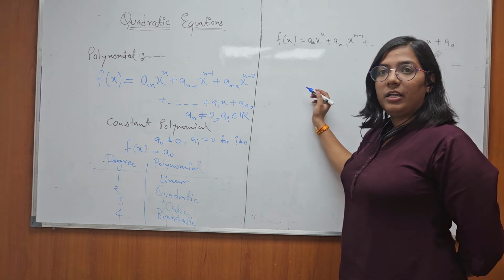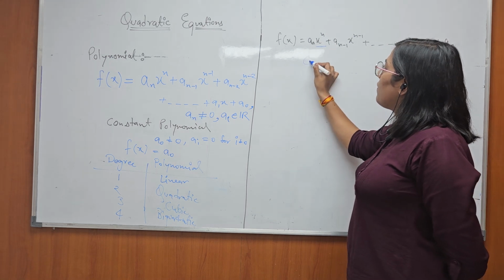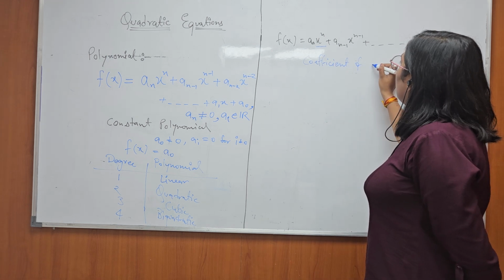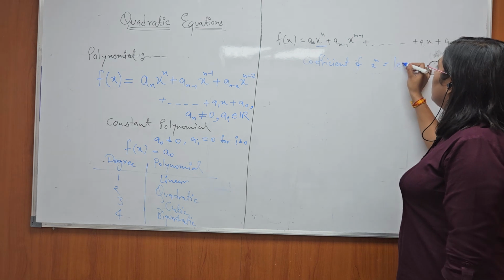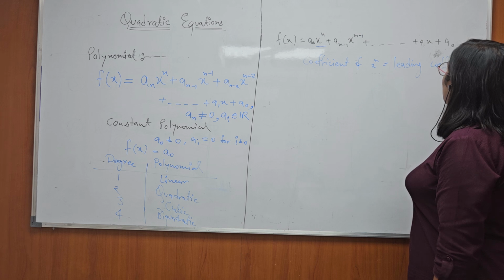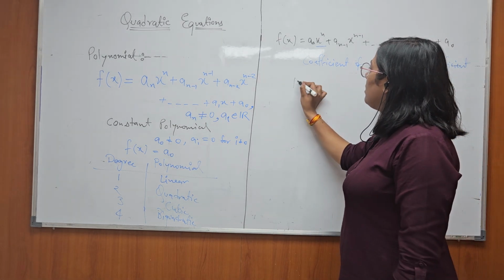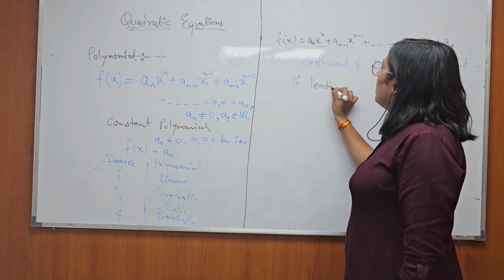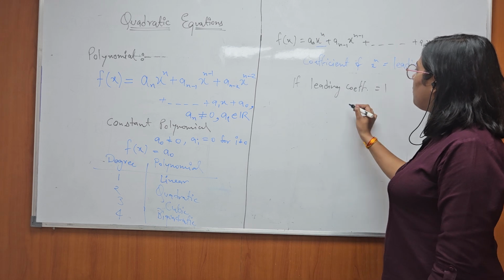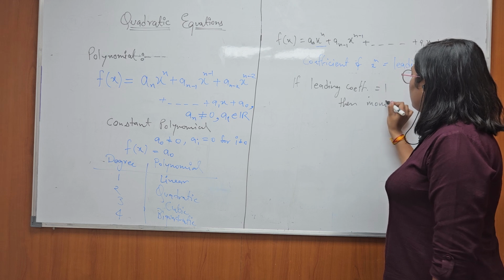Here, since the degree of the polynomial is n, highest power variable is x raised to n, so the coefficient of x raised to n will be called leading coefficient. This is an important term for the definition of polynomial. If leading coefficient is 1, then our polynomial will be called monic polynomial.